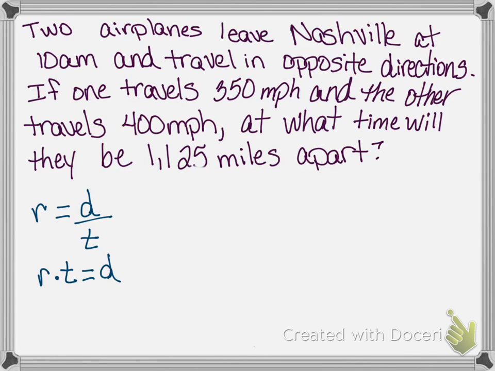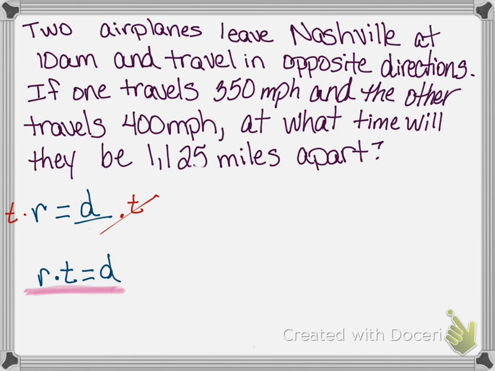To get this, I multiplied by t and solved for d. Rate times time gives me my distance. So it's actually this formula that I am going to use to solve this problem.